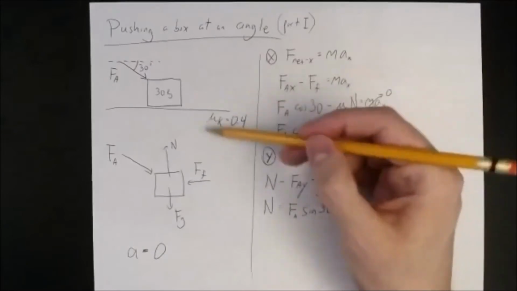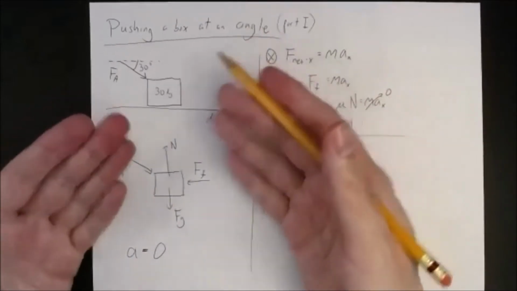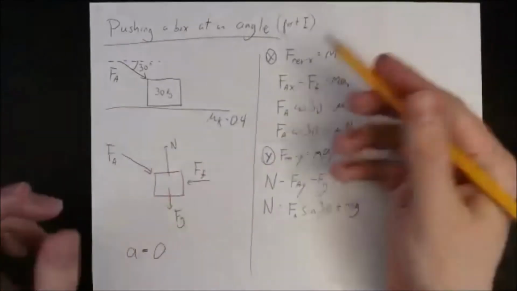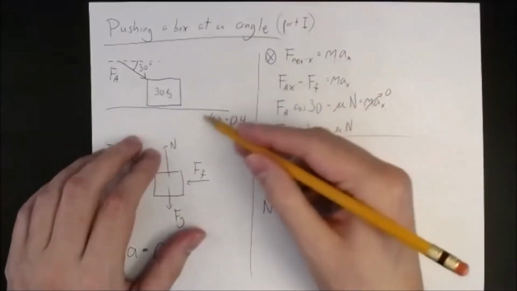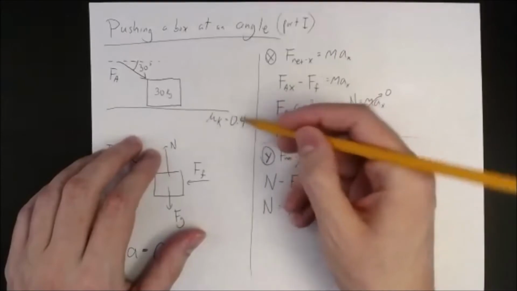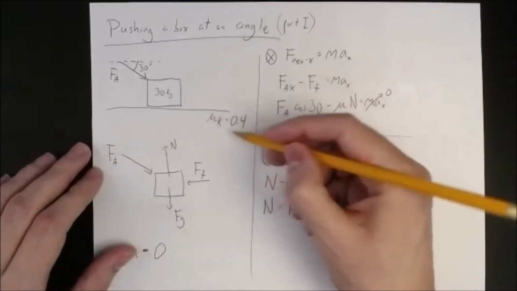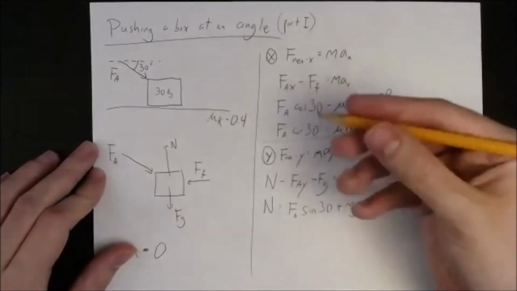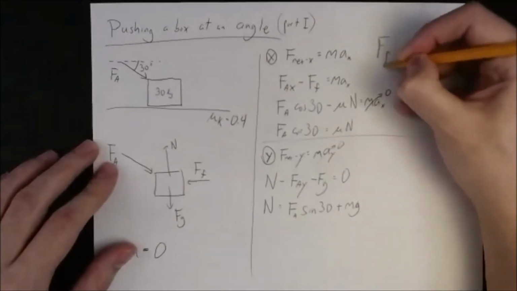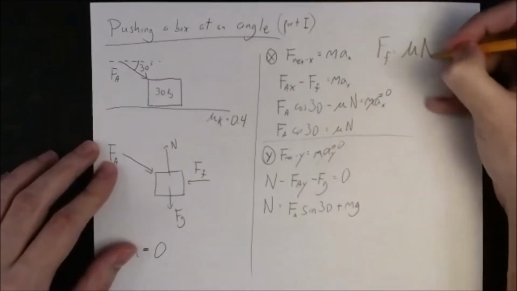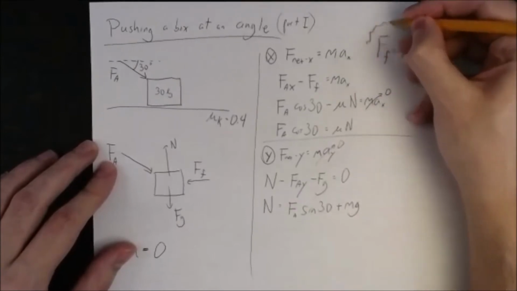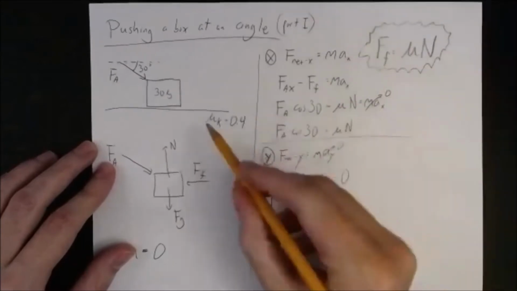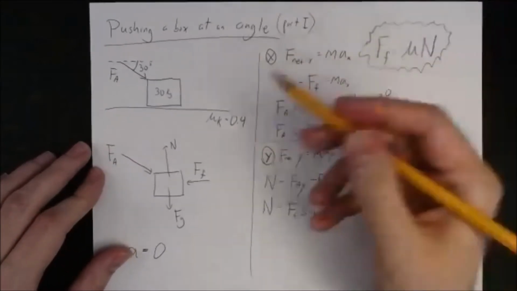The coefficient of kinetic friction, because I did say it's moving at a constant speed, and if it's moving at a constant speed, then it has kinetic friction, 0.4 is the coefficient, which is not the force of friction. The force of friction is mu times the normal force. So remember that. This is just the mu part of it.